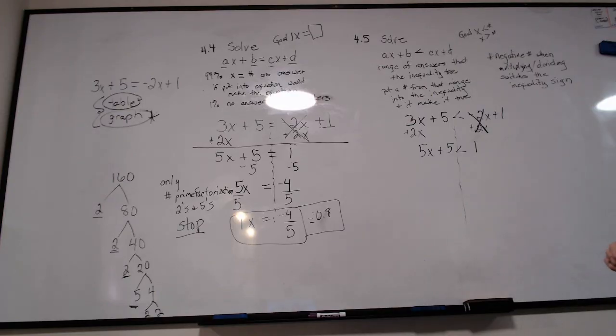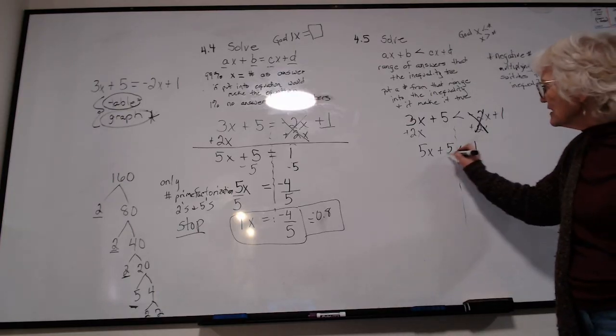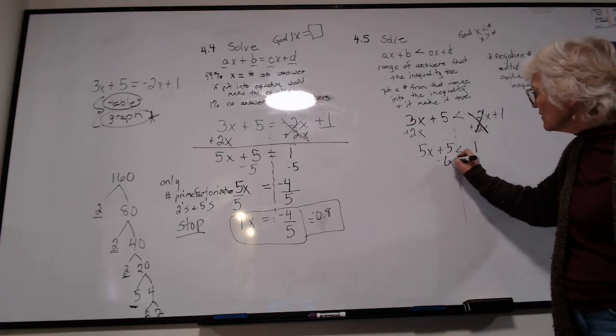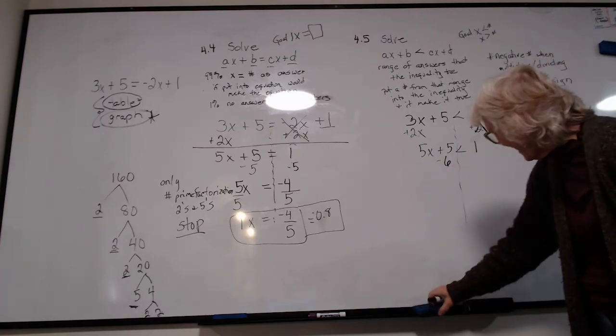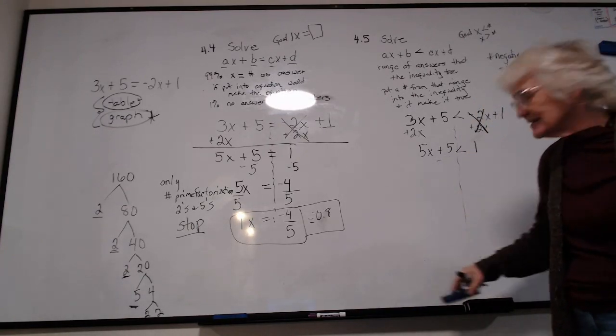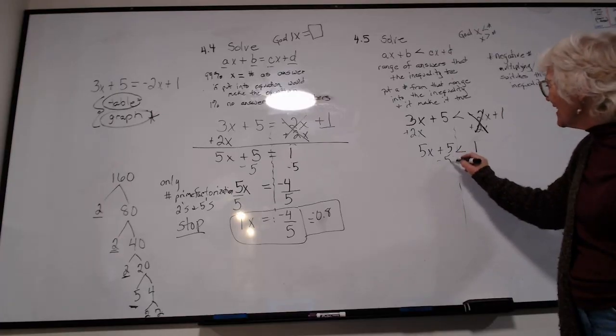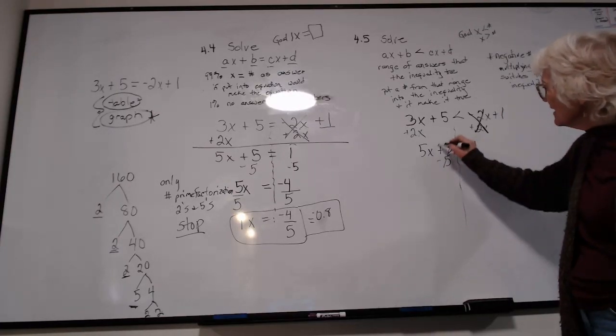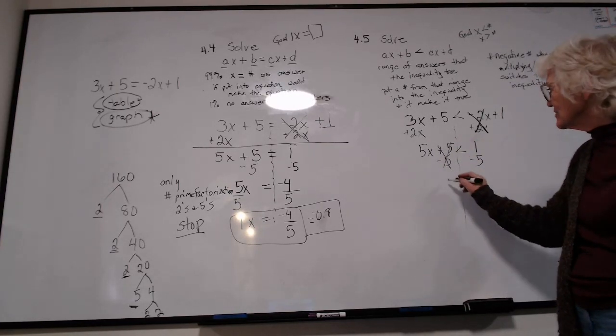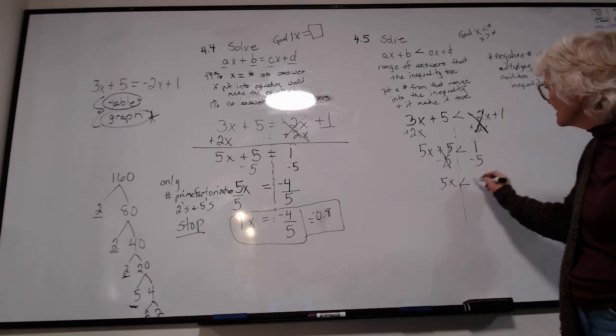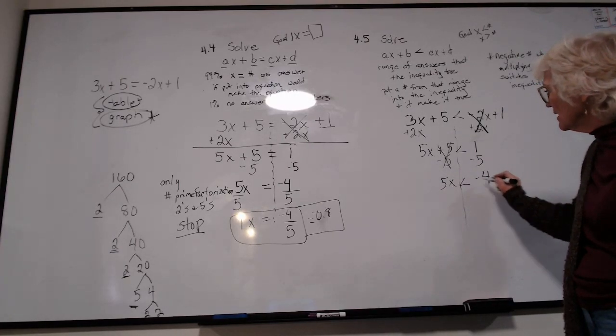It doesn't change. I want to get the 5 over there, so I'm going to subtract 5 from both sides. That eliminates it on that side, so we have 5x is less than negative 4.